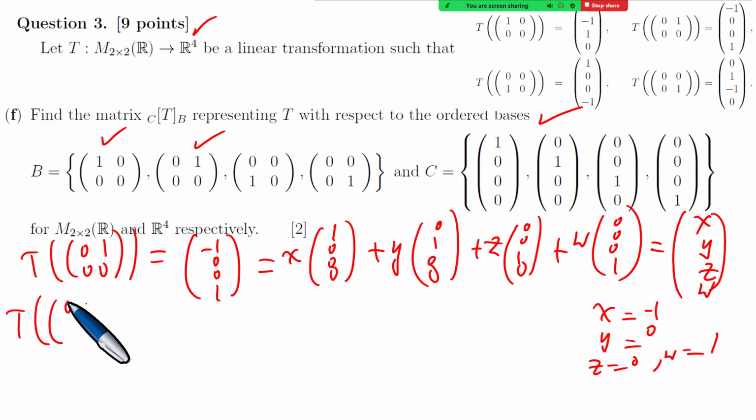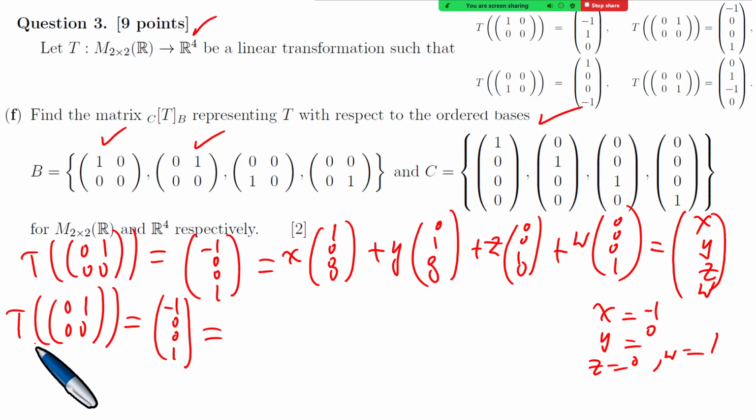This can be tricky in the exam sometimes, so you must do it normally with this kind of detail, to be able to maneuver your way. So you find the images of the basis elements and then write the images as a combination of the codomain vectors.